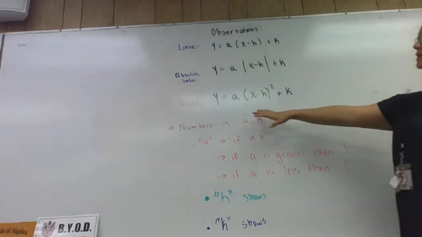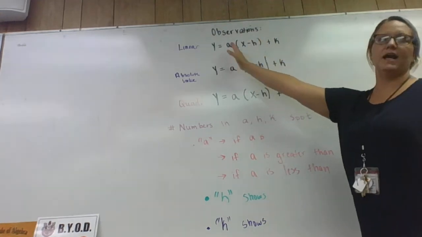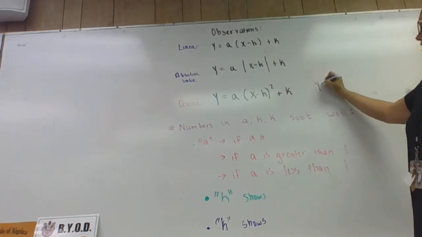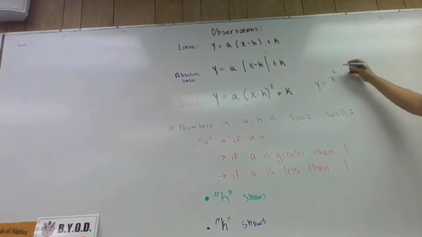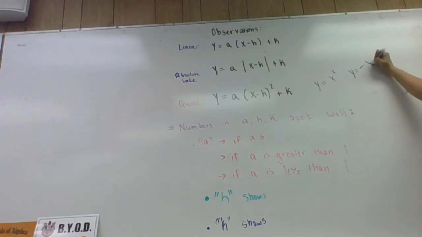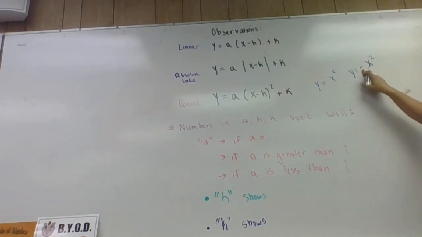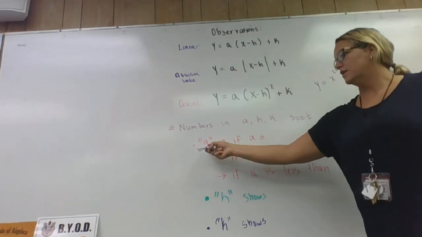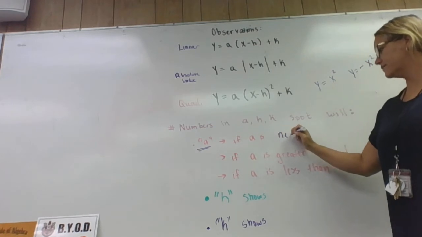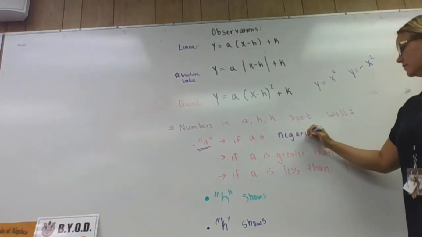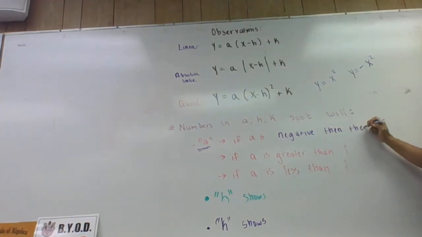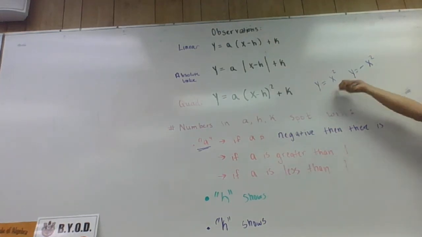So if any one of these 3 equations has a number in the a spot, let's say, for instance, your quadratic parent function is y equals x squared. If I put a negative sign in the a spot, if a is negative, any guesses about what will happen from this to this?